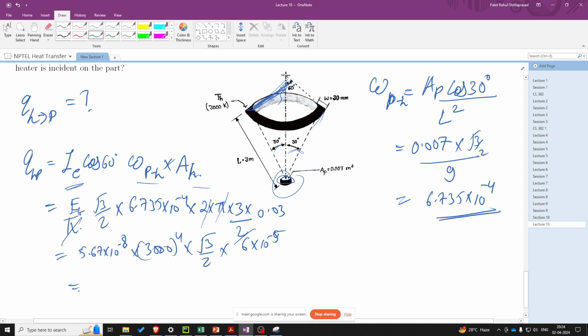So I think I have made some mistake over here. Let me just find the value of IE. IE is nothing but EB upon pi, sigma TH raised to 4 upon pi. TH is 3000 raised to 4 into 5.67 raised to minus 8.